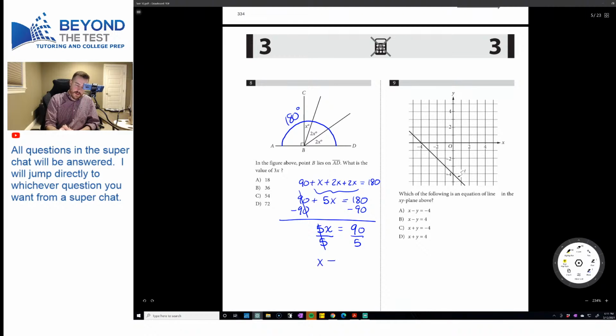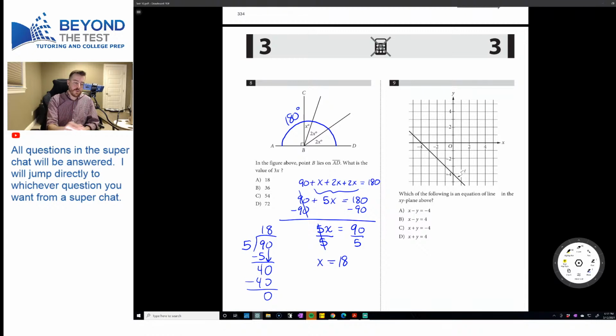And 90 divided by 5, I want to say that's 18, but we could just test this out. Remember, you got to remember how to do long division in the non-calculator part here. 5 goes into 9 once, which would be 5, 9 minus 5 is 4. We bring down the 0. 5 goes into 40 exactly 8 times. So it was, in fact, 18. So there's my x value.